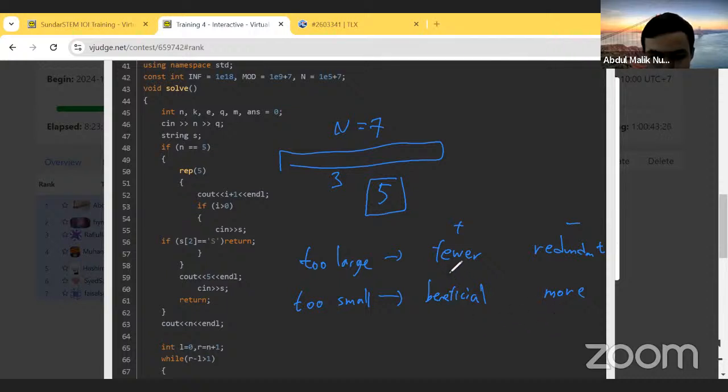So that's why we do not query in the middle, but slightly to the left side. Okay, do you get the point? If we ask the middle, there is no balance between the good news and the bad news, right? All of them are the same, but one is beneficial and one is redundant.